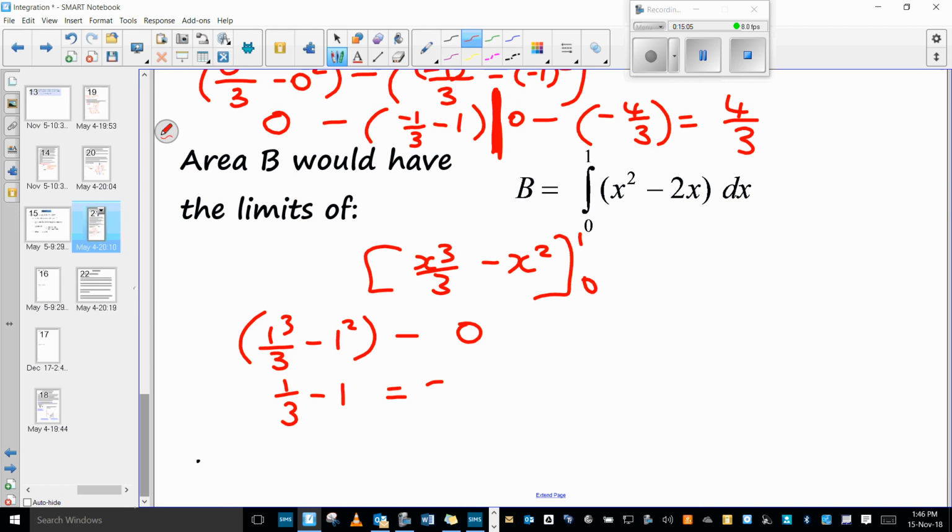Negative 2 thirds. So we've got negative 2 thirds.